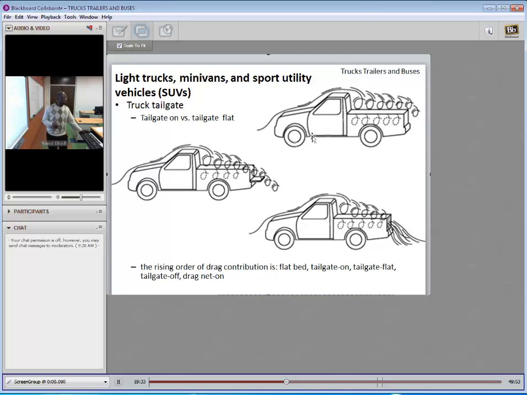When the tailgate is open, you don't have that benefit of maintaining this air wall here. So the flow comes and it sheds off. What happens is it hits this place. It actually goes back and recirculates in here and troubles the flow in here. So this flow is not able to maintain the, shall I say, rigidity, the content present here cannot be maintained here because this tailgate is open.